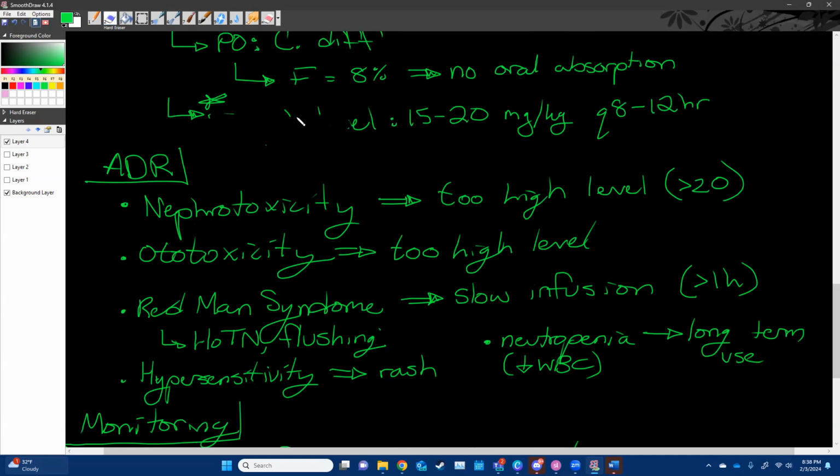The dose is 15 to 20 milligrams per kilogram, and the trough level is 15 to 20 micrograms per milliliter. Same number. You must know these. Must know these.